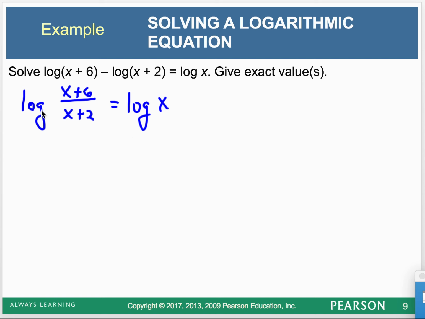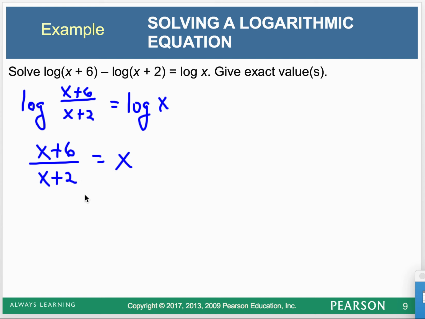But what this is saying is basically if the log is the same, the argument is the same. It's that same idea. If the base is the same, the exponent is the same. If the exponent is the same, the base is the same. If the log is the same, the argument has to be the same. Right? So x plus 6 over x plus 2 equals x.